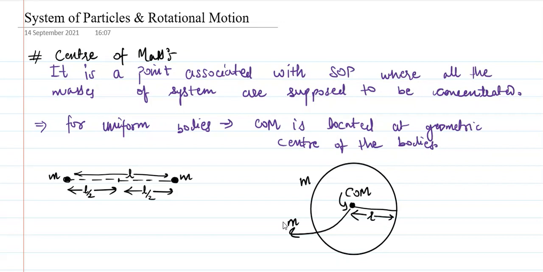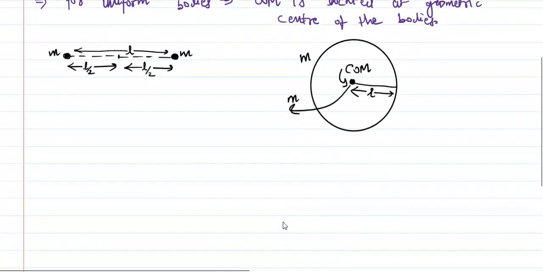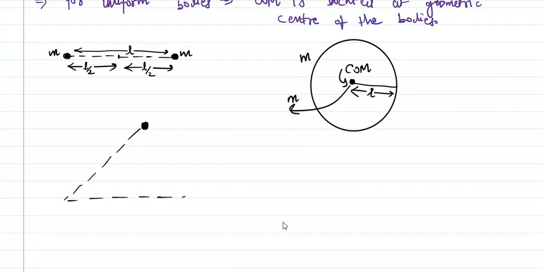Okay, now let us suppose we have another system of particles situated at the vertices of an equilateral triangle. Suppose we have an equilateral triangle and there are three bodies situated at the vertices of this equilateral triangle. Now in this case, center of mass will be located at the centroid of this triangle.